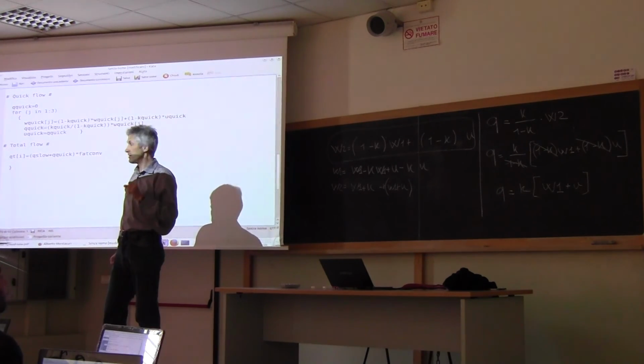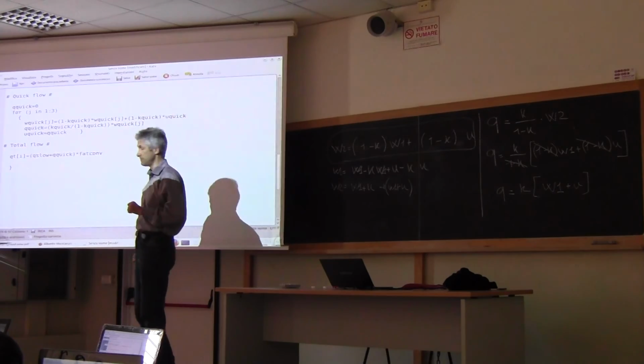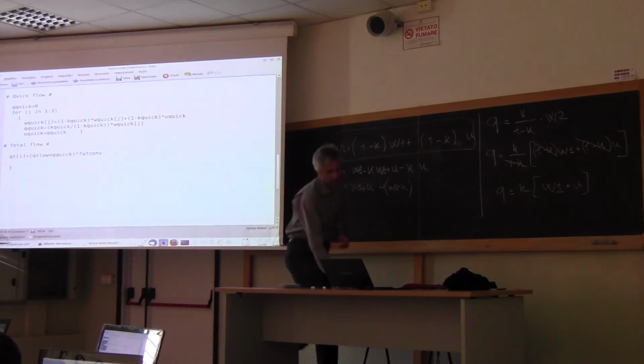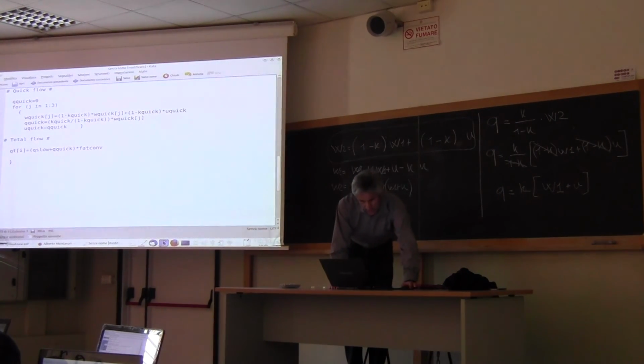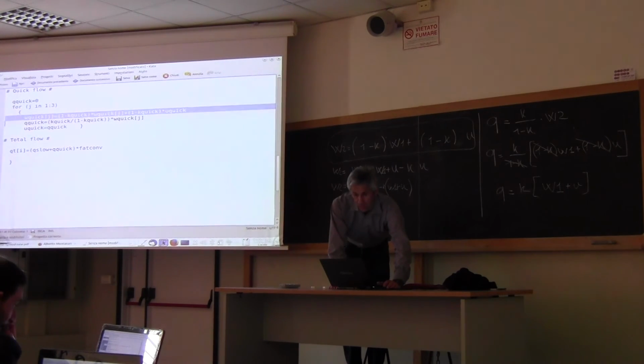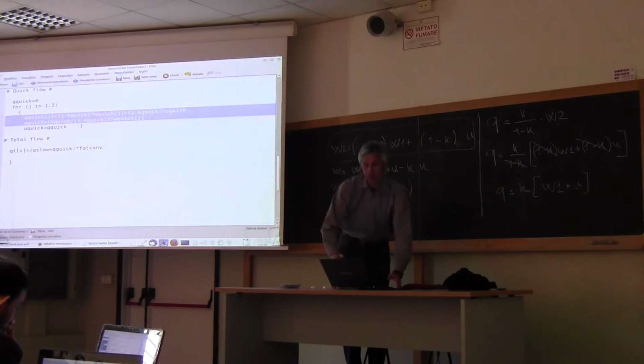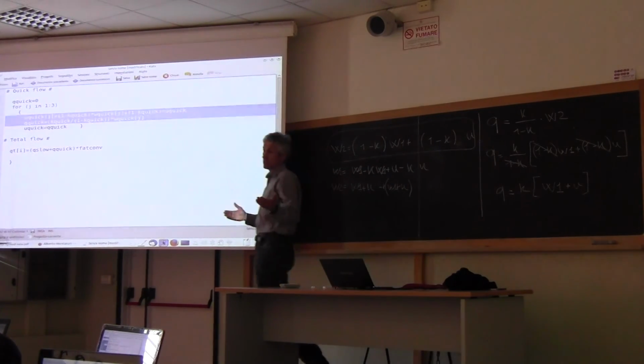And another difference is that, if you look here at these lines, here you have a for cycle, which is fine. This instruction is the same that we used before for the slow flow, and even this one. These 2 are the same instructions that we just used.